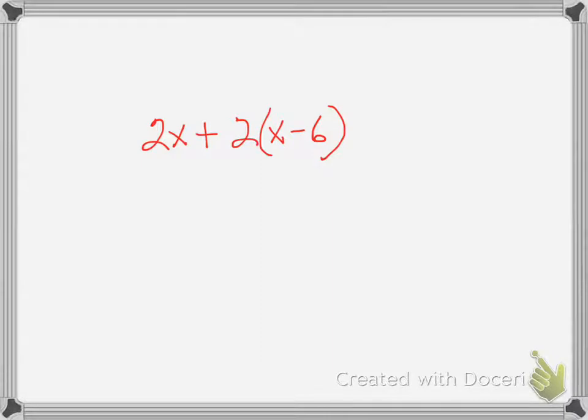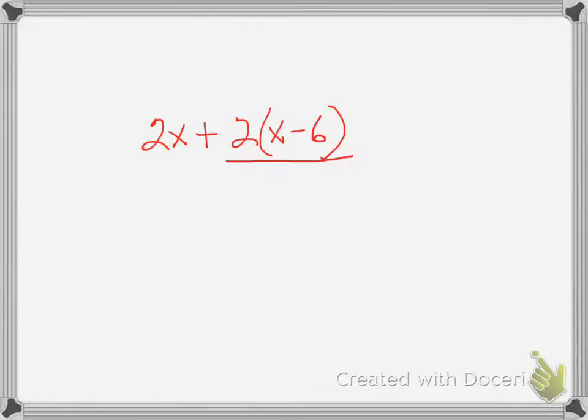Okay, so here's the expression we have to work with, and that's 2x plus 2 parentheses x minus 6. Okay, so if you've taken in much of what we've talked about thus far, you might know one of the first things you might want to do is, using again the order of operations, figure out this parenthetical right here.